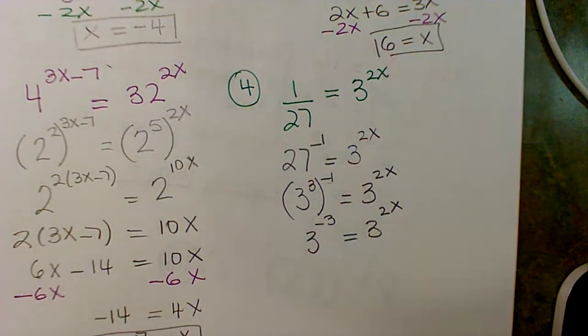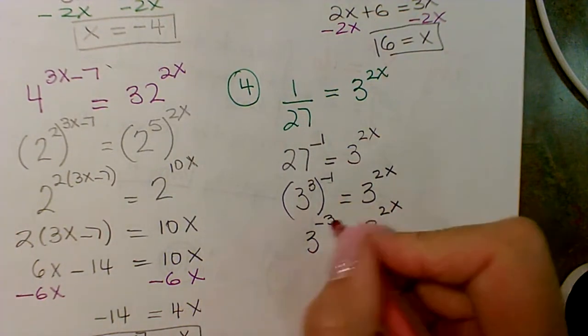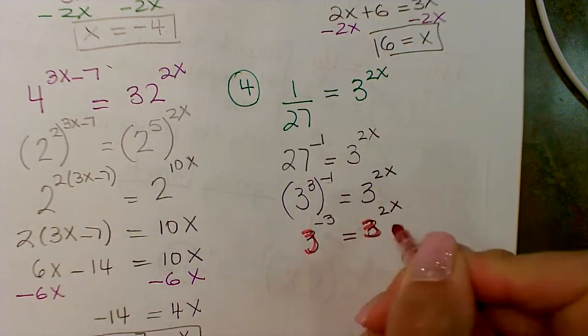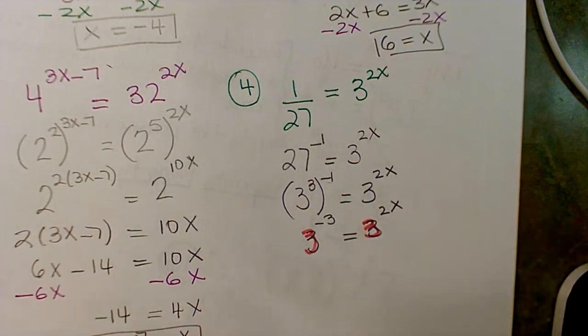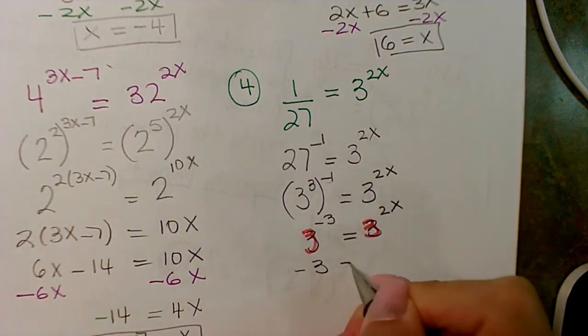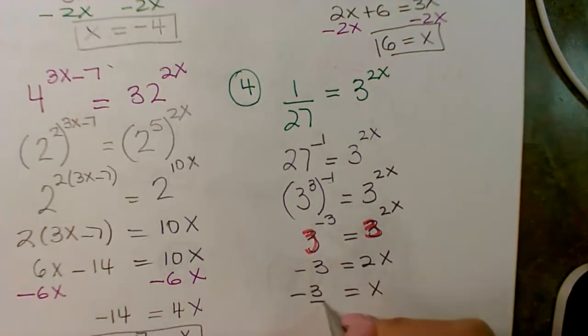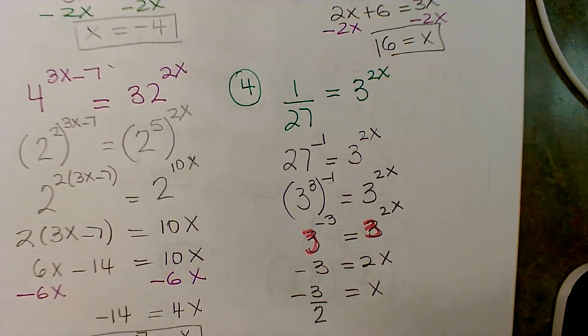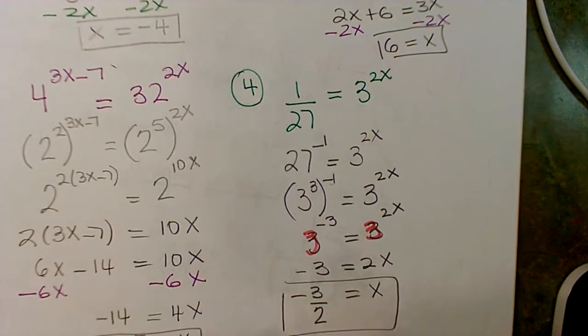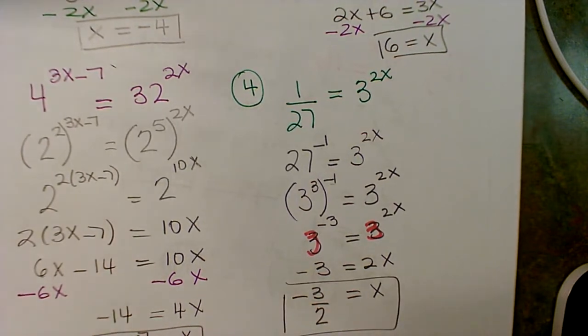When I said that we have the same base, here is the 3. So negative 3 is equal to 2x. So x is equal to negative 3 over 2. It's just finding the common base.